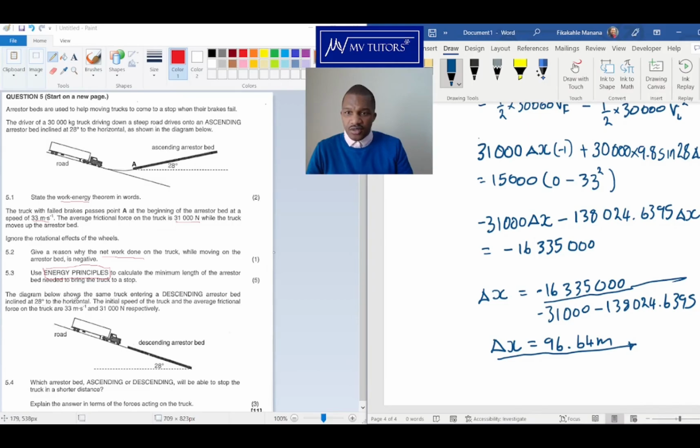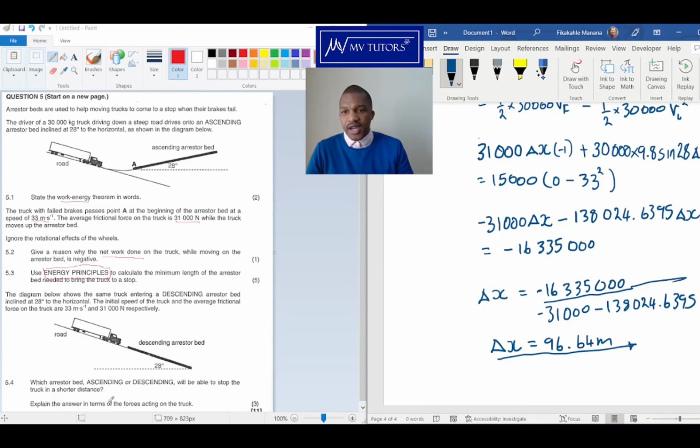Inclined at 28 to the horizontal, the initial speed of the truck and average frictional force in the truck are still 33 and 31,000 respectively. Which arrested bed, ascending or descending, will be able to stop the truck in a shorter distance?